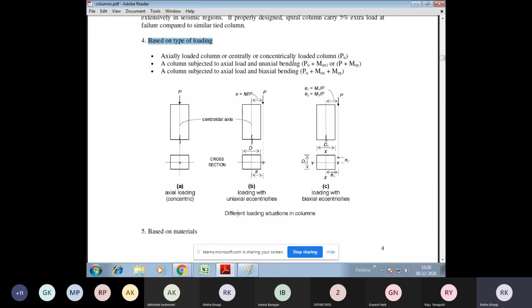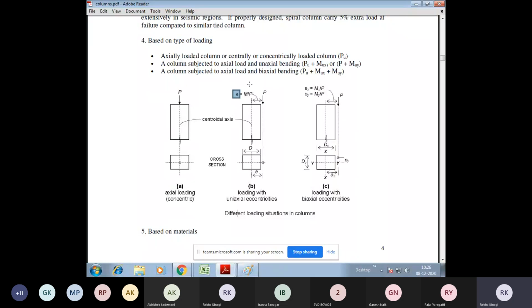And when do we get this bending in one direction? When this load P is not placed at the centroidal axis, but is placed at some distance from the centroidal axis. That distance we call E, which is eccentricity.